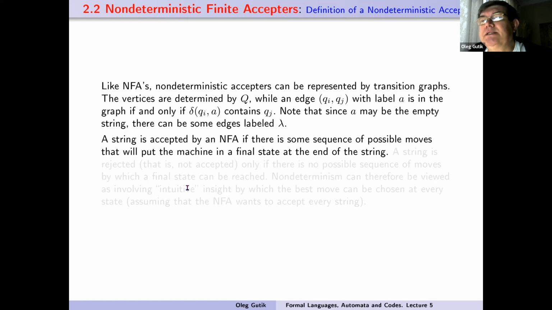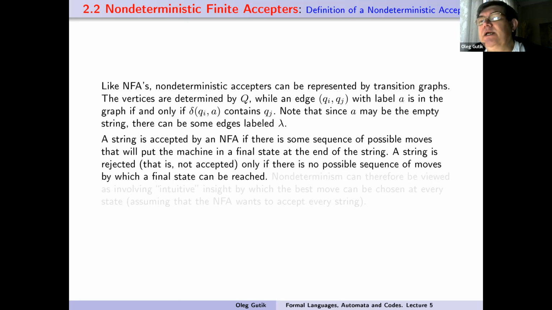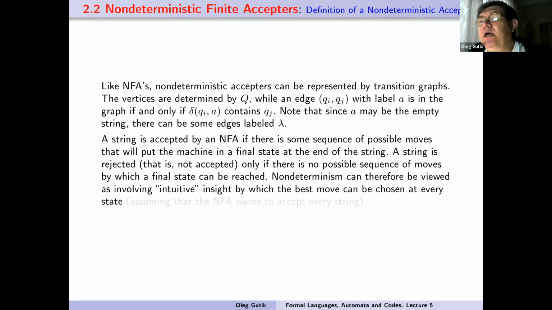A string is accepted by a non-deterministic finite acceptor if there is some sequence of possible moves that will put the machine in a final state at the end of the string. A string is rejected, that is not accepted, only if there exists no possible sequence of moves by which a final state can be reached.